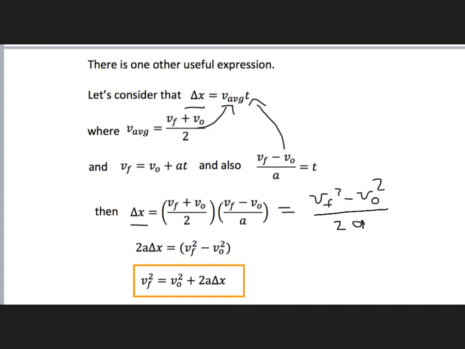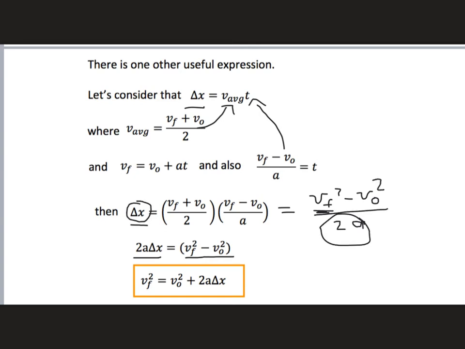And then I can simply multiply both sides by 2 times the acceleration to get rid of this denominator, because I want to solve for this guy. And so I get 2a delta x is equal to v final squared minus v initial squared.